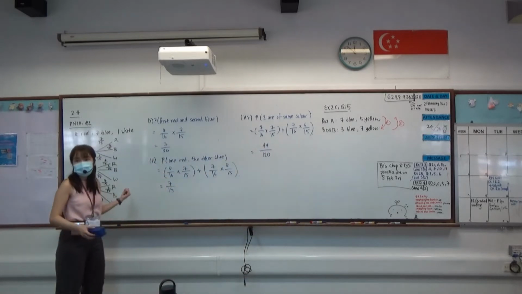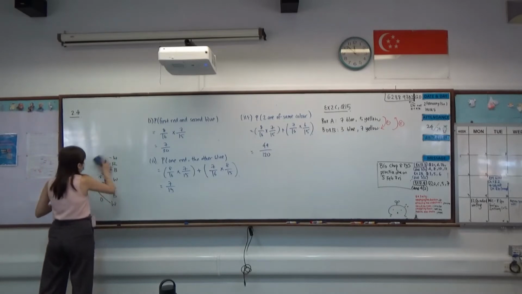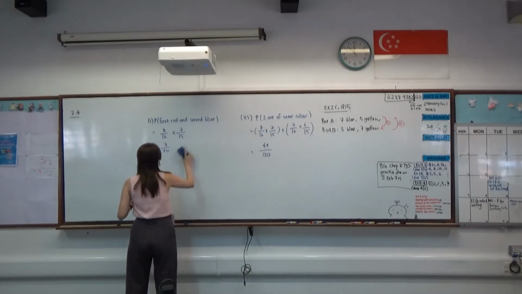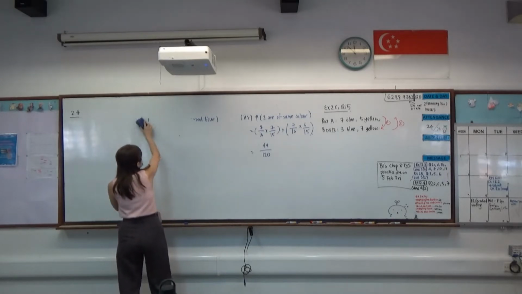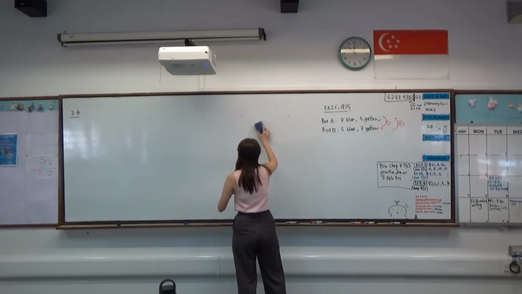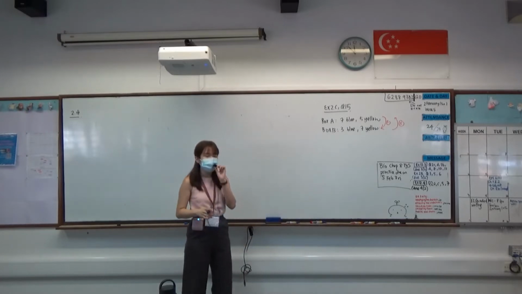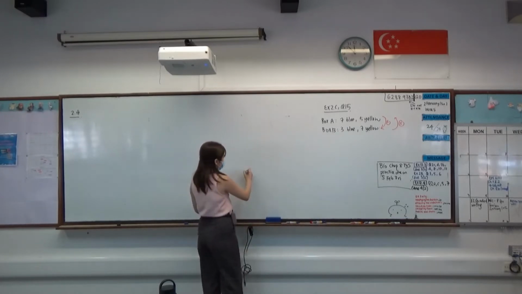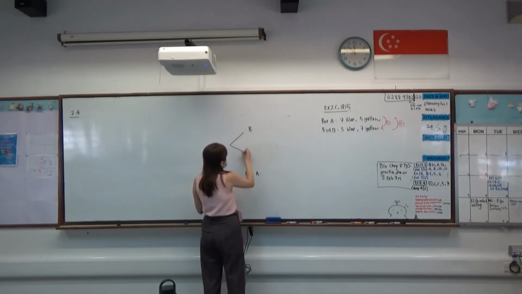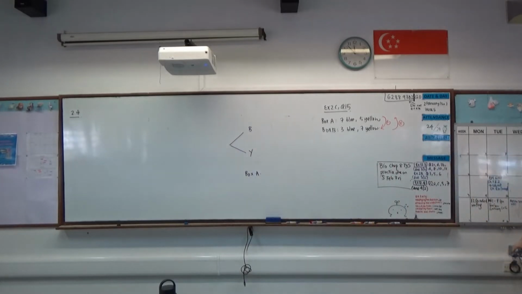Could I erase the previous questions already? So we are first considering box A, where there is a blue or yellow ball, okay?